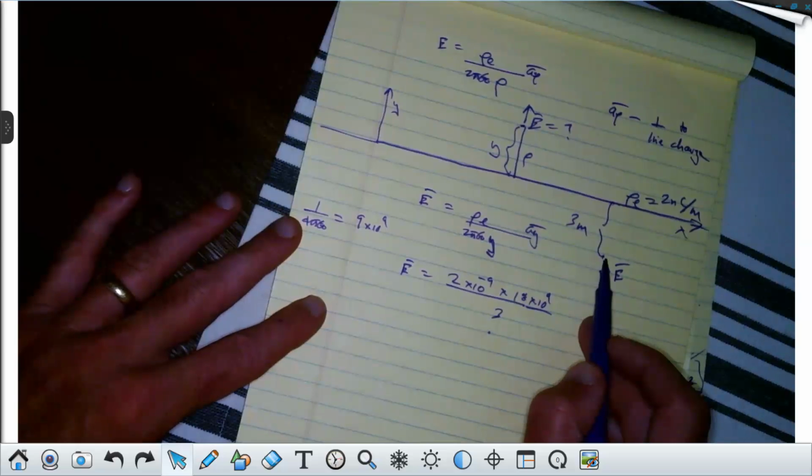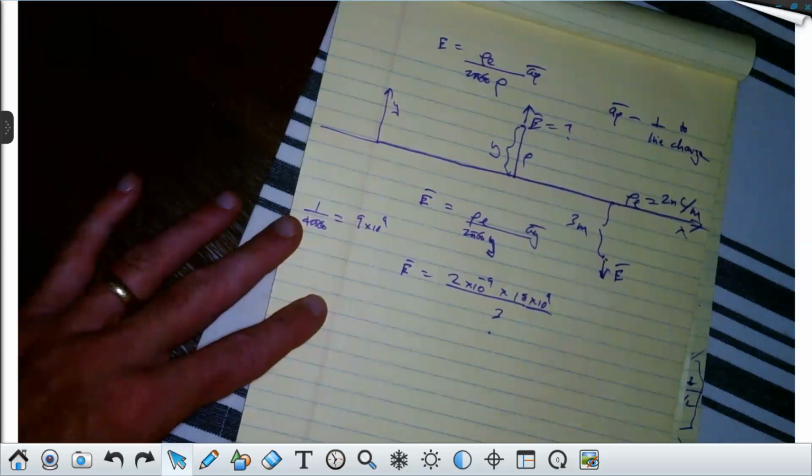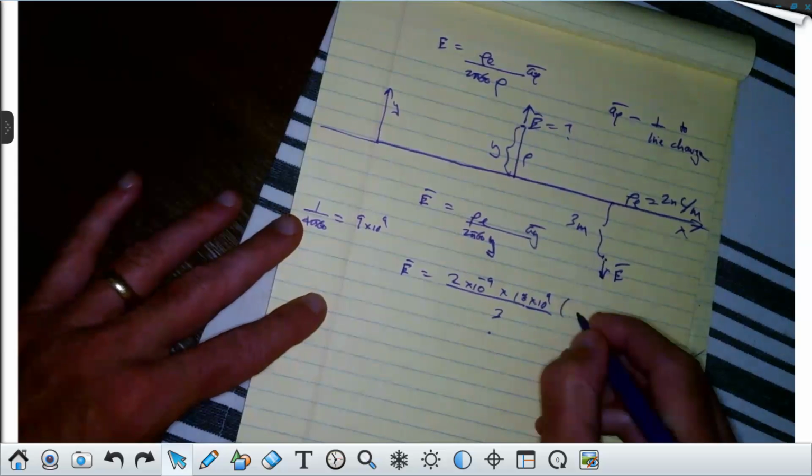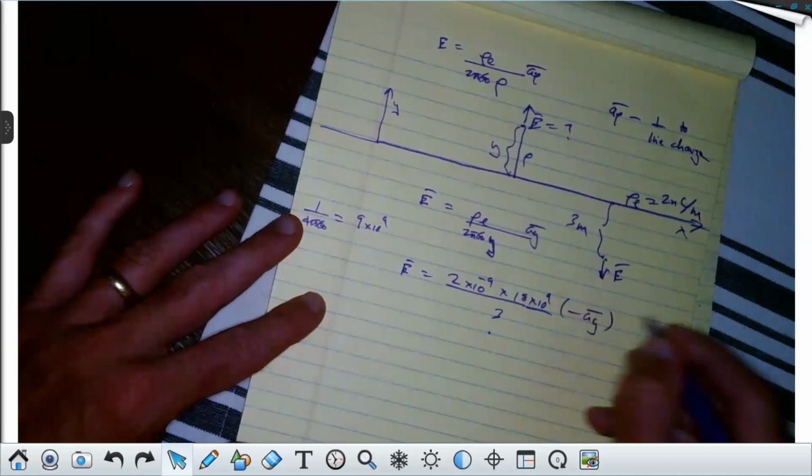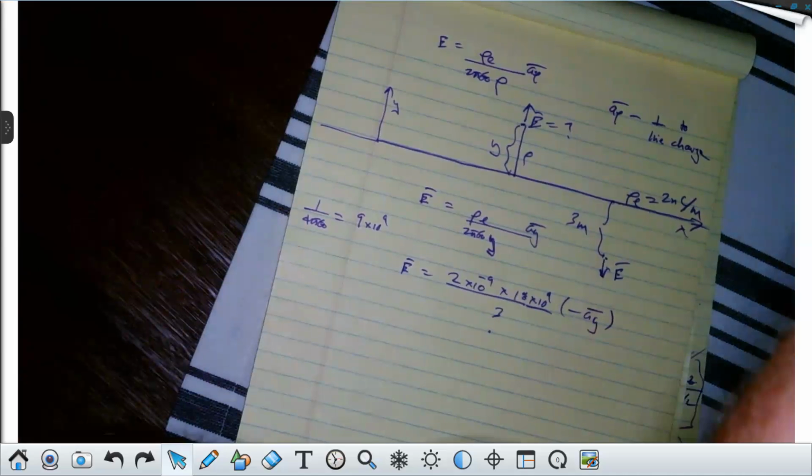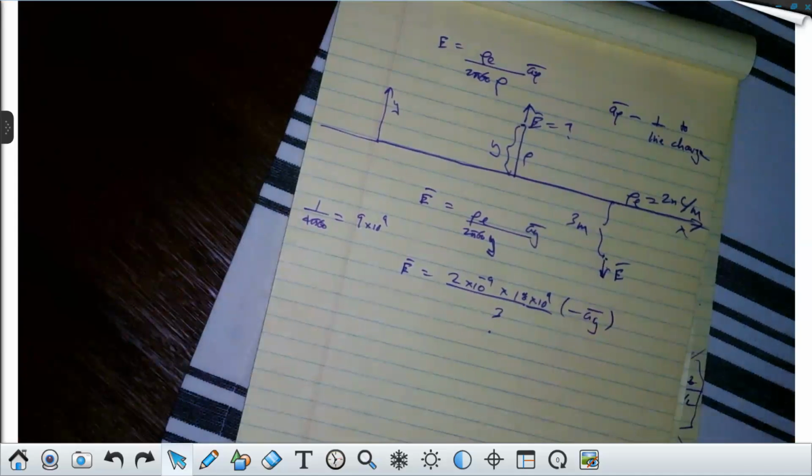It's in the negative y direction. Minus AY. I'm trying to get you to say minus AY. You're right, it's in the minus y direction, but minus AY. A sub Y, the way Wentworth's book uses unit vectors, he has small a and then the subscript, either X, Y, or Z, denotes the direction. Got it? Everybody with me on that?